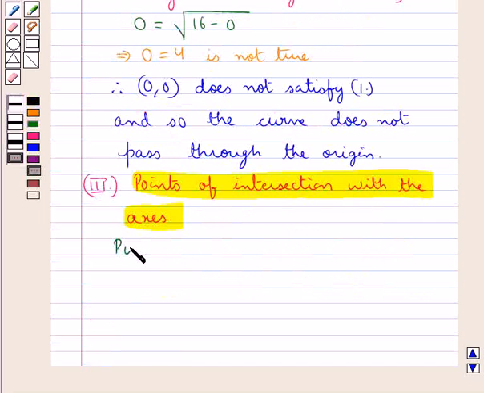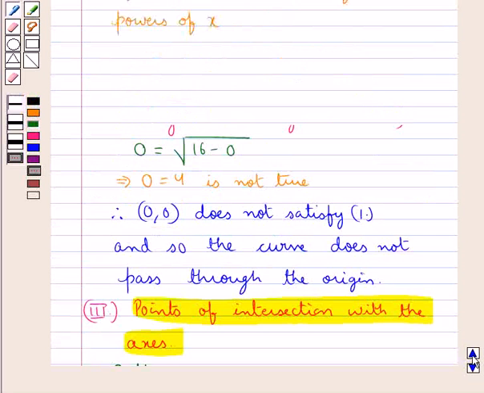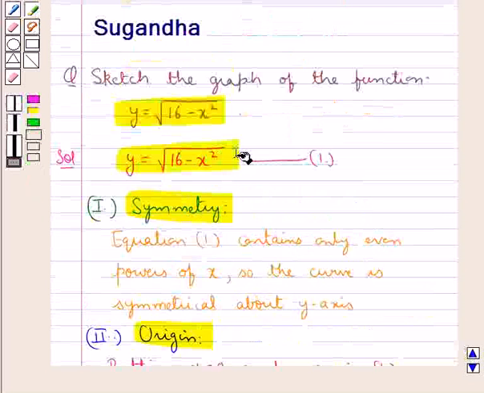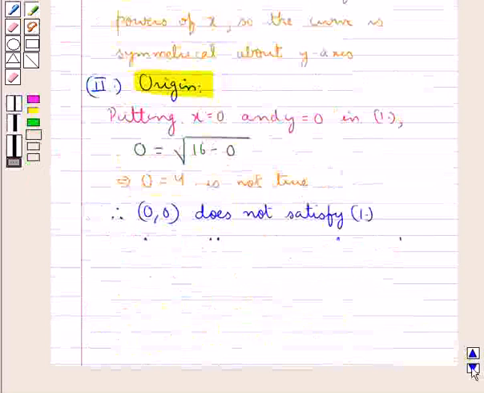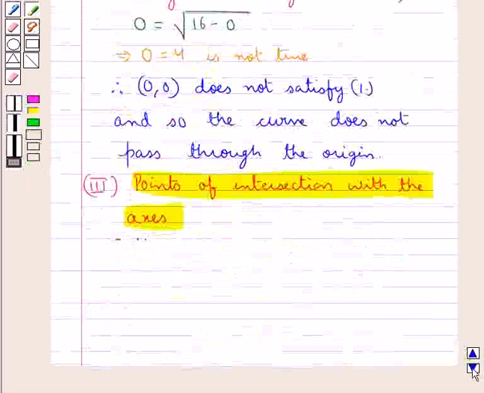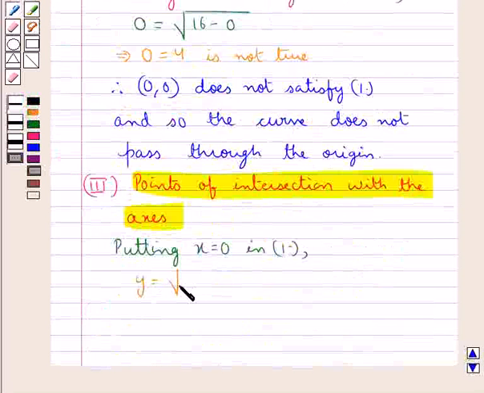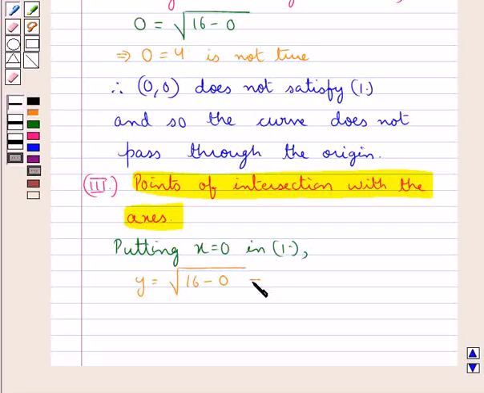Now putting x equal to 0 in equation 1, that is this equation, we get y is equal to square root of 16 minus 0, which is equal to square root of 16, that is plus minus 4.